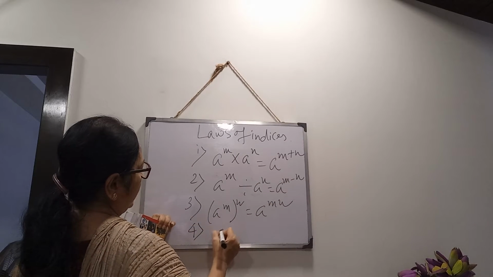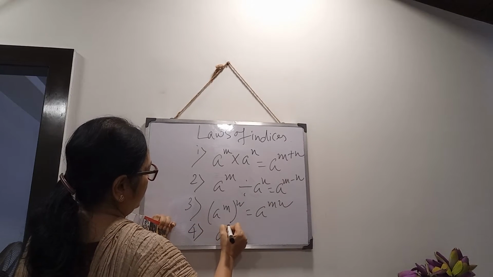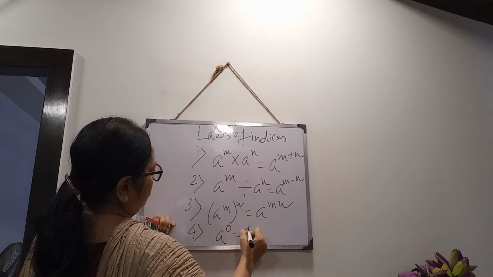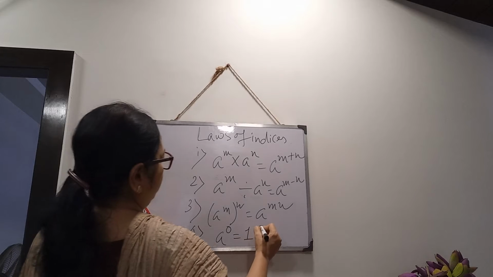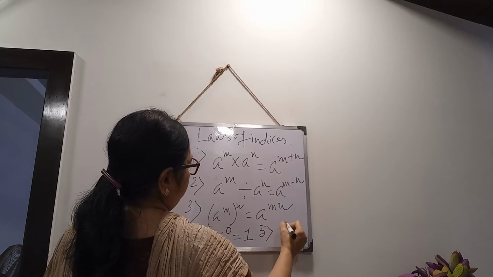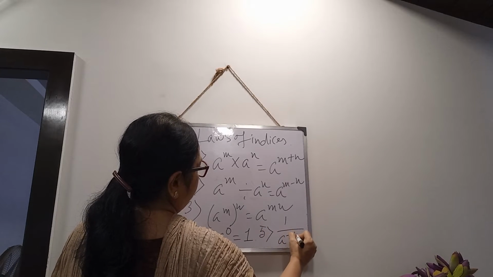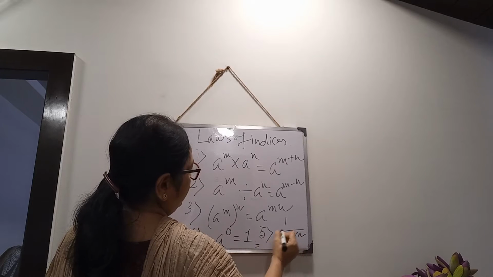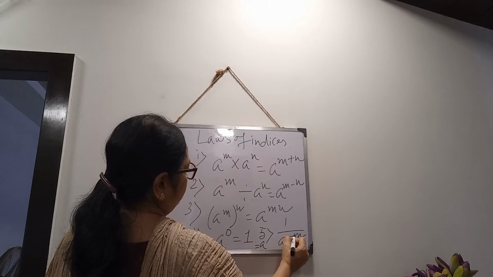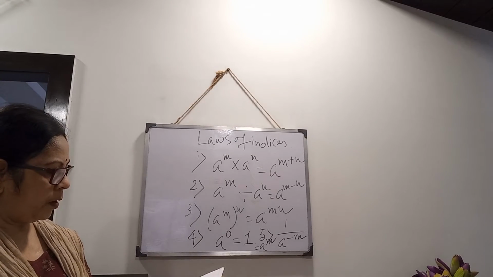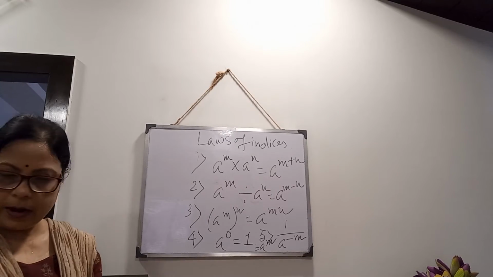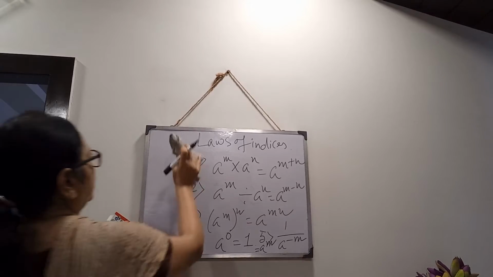Any non-zero quantity to the power 0 means 1. And if it is in the form a to the power minus m, when I take it to the numerator, its sign will be changed and it will become a to the power m.